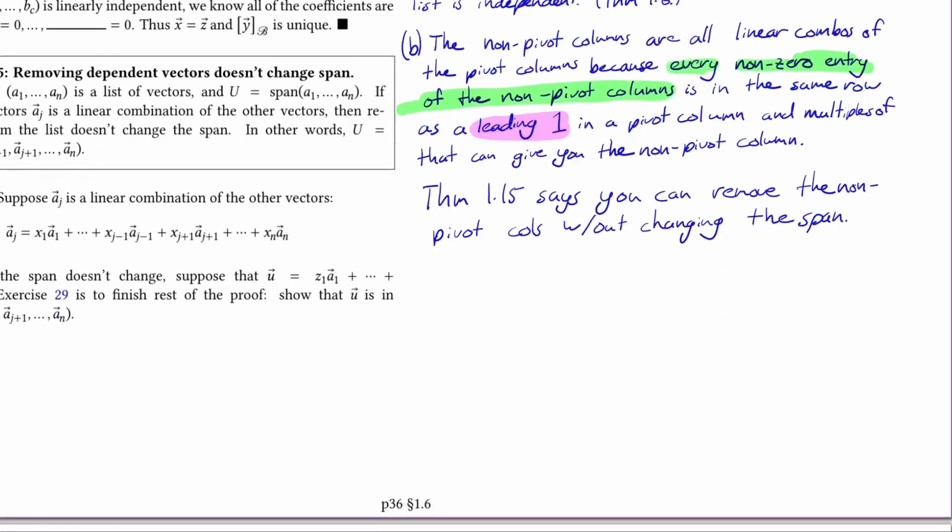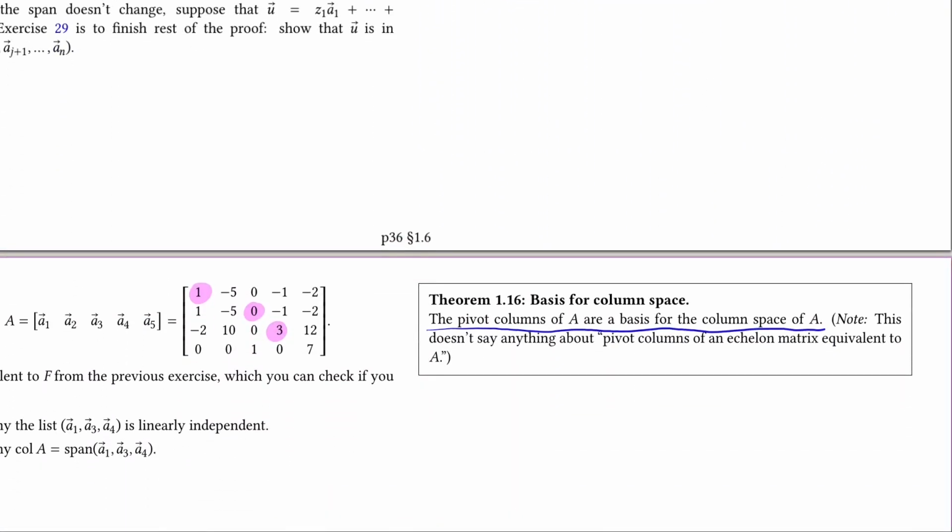But what the theorem says is that the pivot columns of any matrix, even if it's not in reduced row echelon form, are a basis for the column space of that matrix.